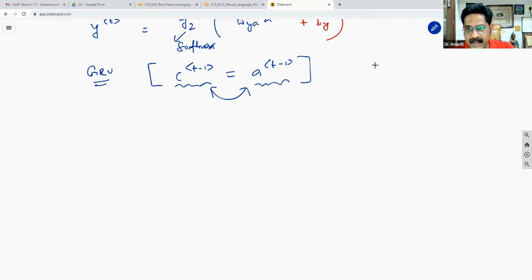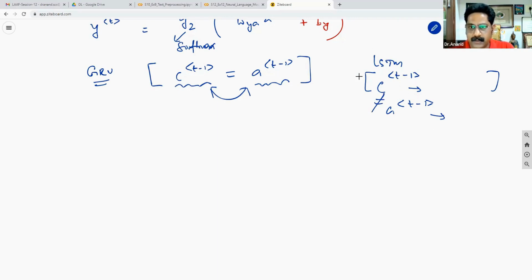But whereas in the LSTM, I will be maintaining a separate memory for this. Another memory unit, I will be maintaining something like A T minus 1. So I can say this is not equal to A T minus 1 in the LSTM.